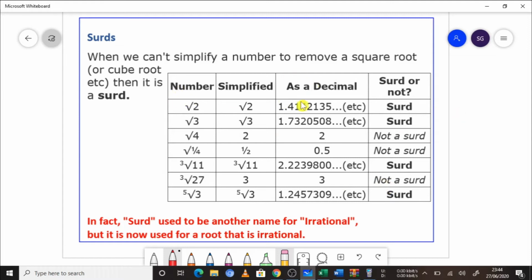So if we are successful in removing the root sign, then that number is not a surd. If we cannot remove the root sign, the square root or the cube root or any other root, then it's a surd. There is another important clarification: surds used to be another name for irrationals, but that's not the case now. It is now used for a root that is irrational.